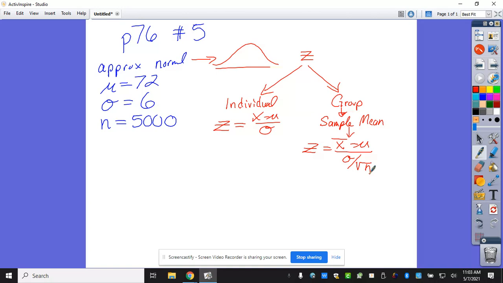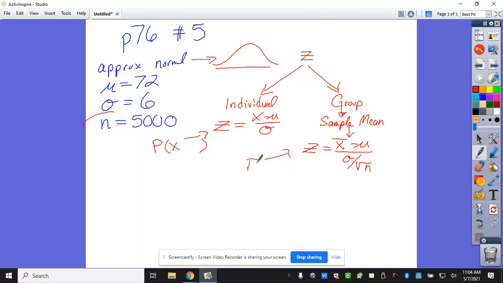Most people think we go this direction, but the reason we do not is because it doesn't ask us what the sample mean is between 63 and 75. This one would be P of x is something.